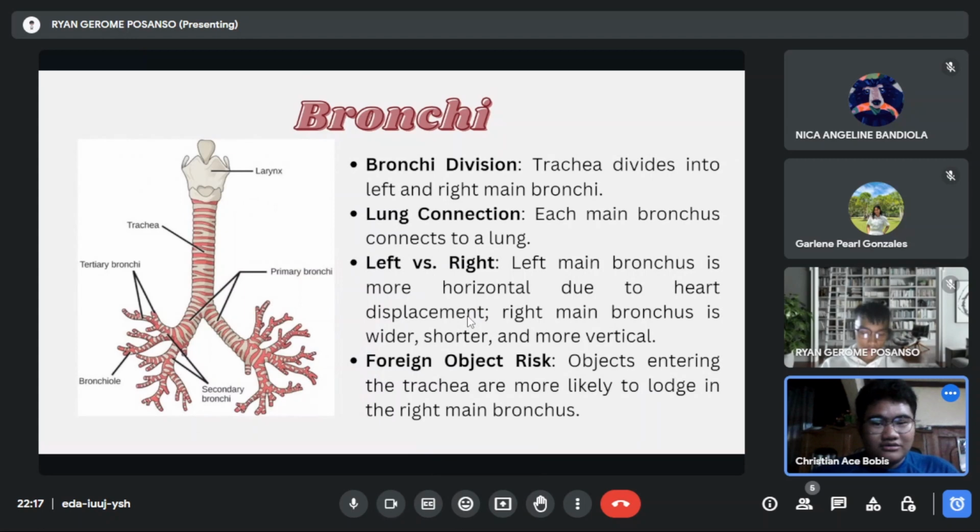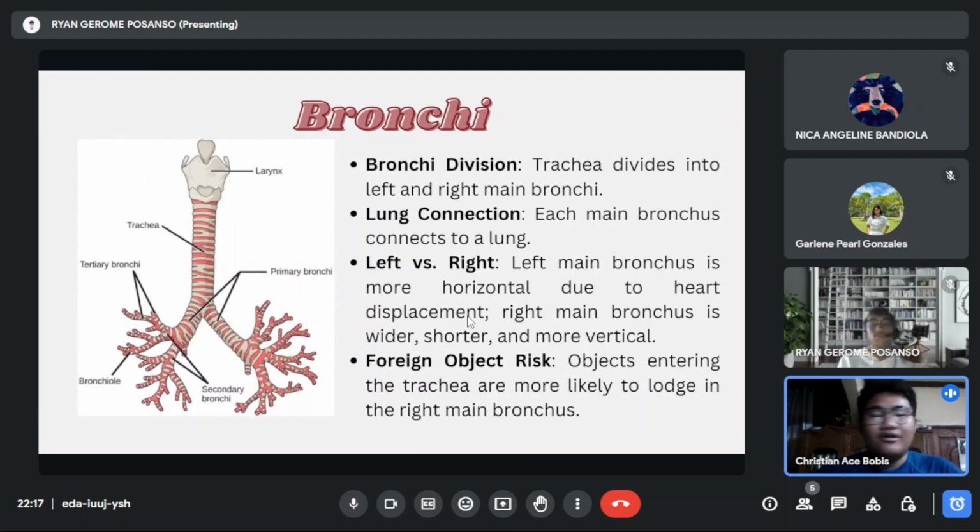Each main bronchus connects to a lung, and the difference between the left versus right bronchi is that the left main bronchus is more horizontal due to the heart displacement, while the right main bronchus is wider, shorter, and more vertical.